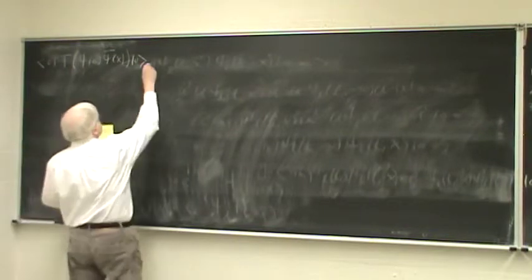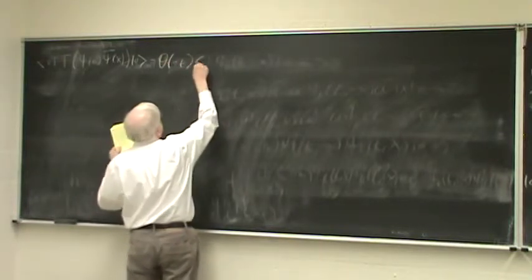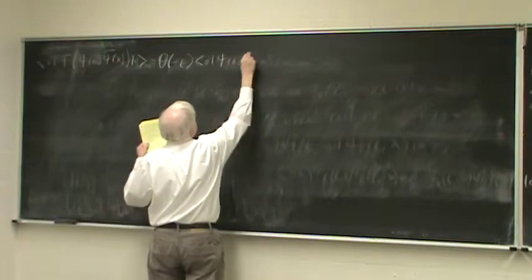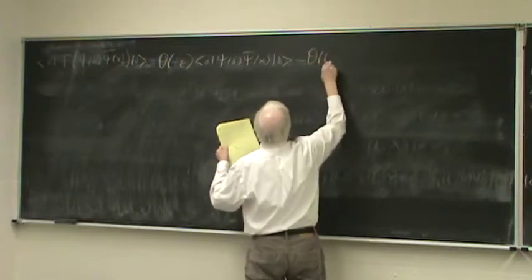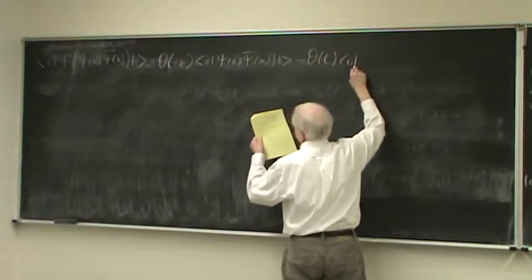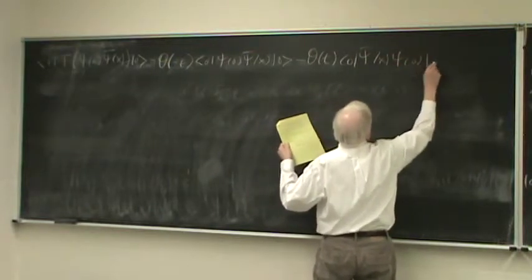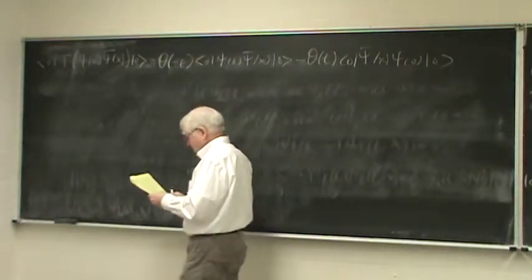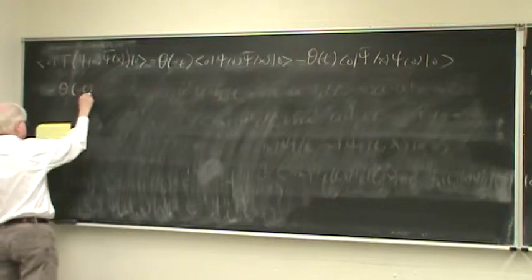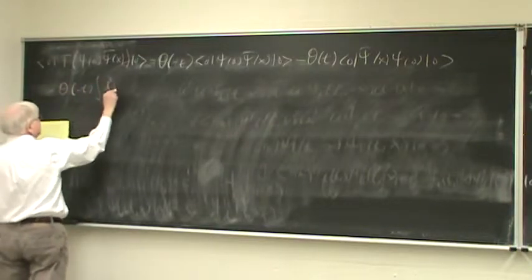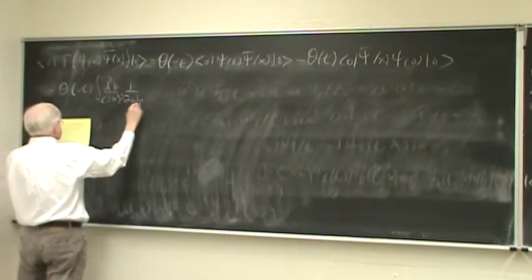Okay, so what is this? This is theta of minus t times psi of 0 psi bar of x, and then minus theta of t psi bar of x psi of 0. And so this is going to be theta of minus t times an integral d cubed p over 2 pi cubed, 1 over 2 omega p.